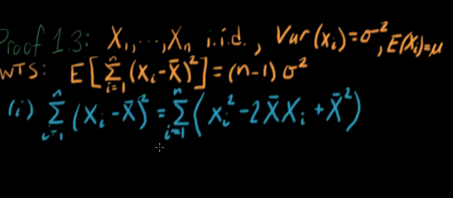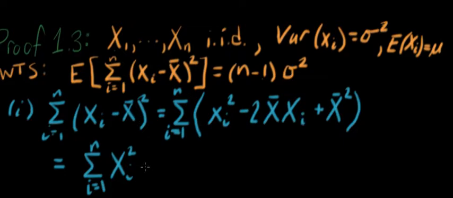Okay, so we can break that up. Just take the sum of these Xi squareds, and then we take the sum of all of these other terms. We can take this X bar out of the summation on the outside. We can factor it out because it's the same for all of these Xi's.